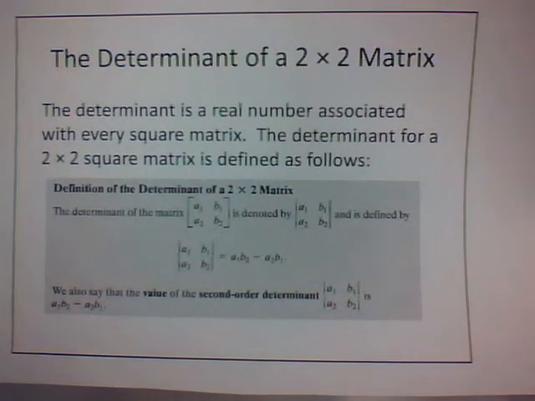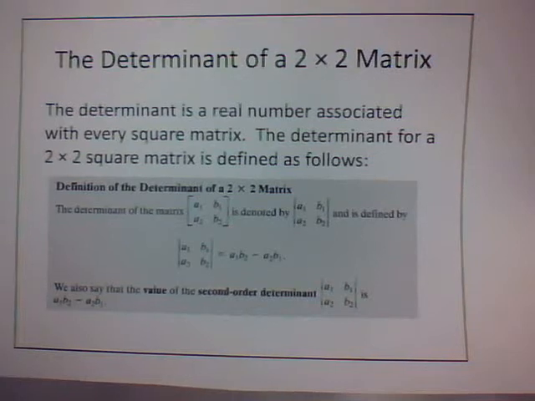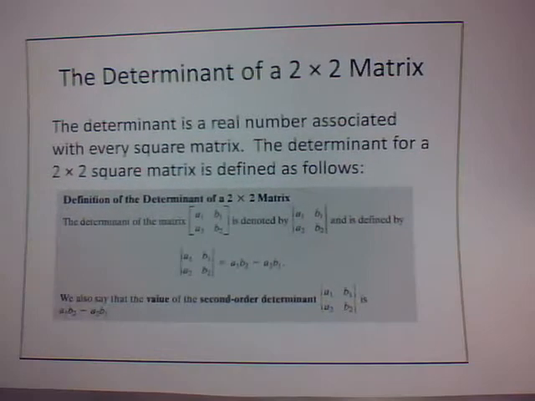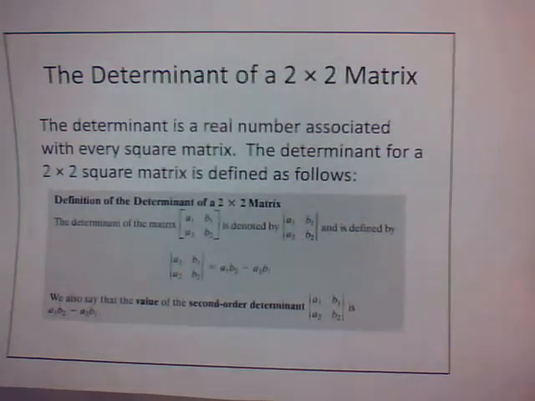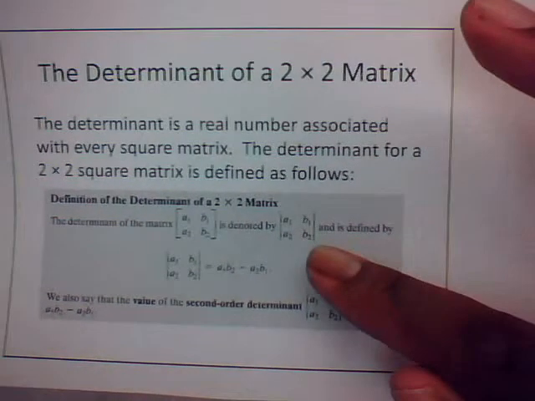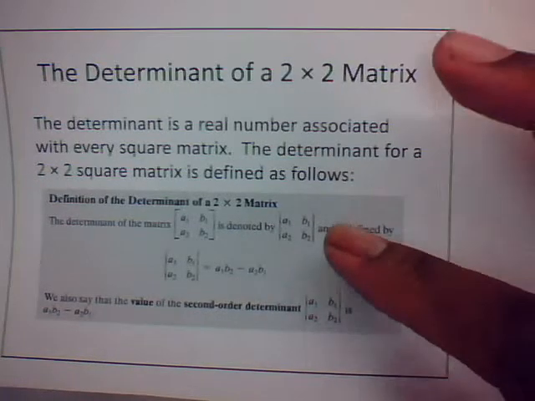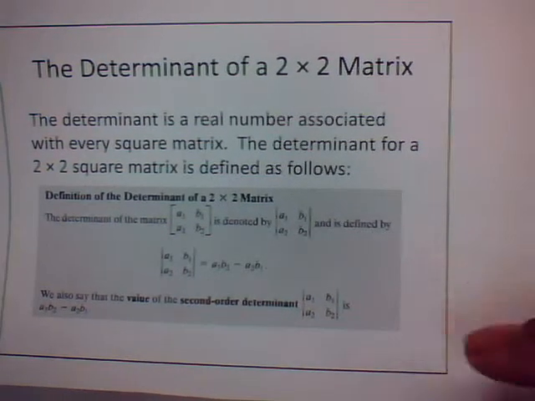So the determinant of the matrix A1 B1, A2 B2 is denoted by the same elements with the vertical bars, and it's defined by this.